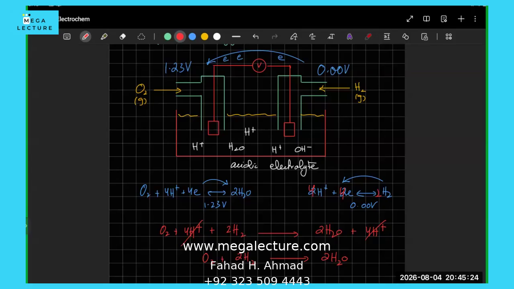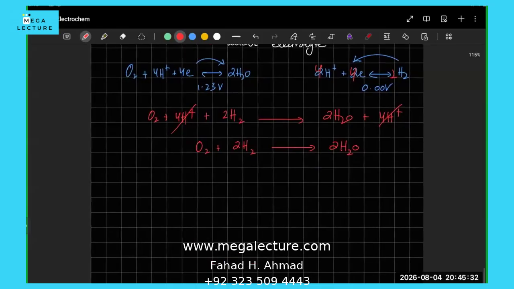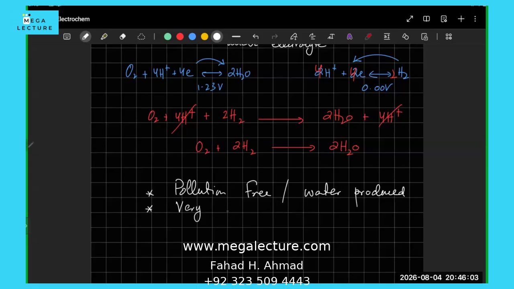Okay. Next, the pros and cons of the fuel cell. It's all A-level stuff. What were the pros and cons? Water is the only byproduct, so it's pollution free. They're also very efficient because there's hardly any wastage.